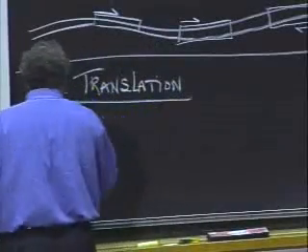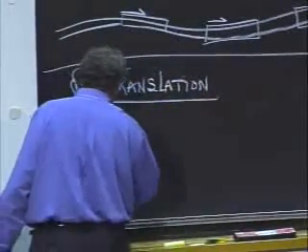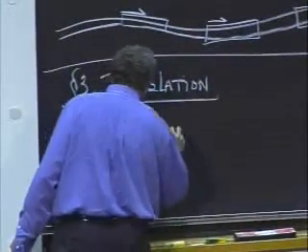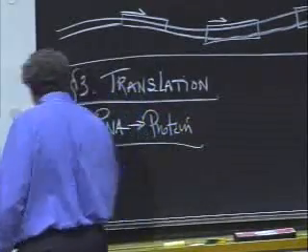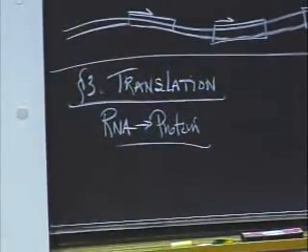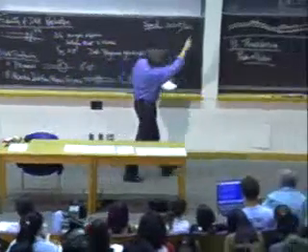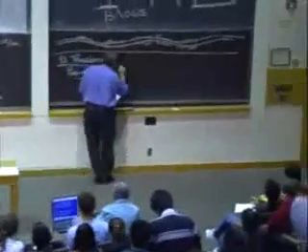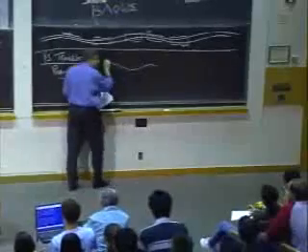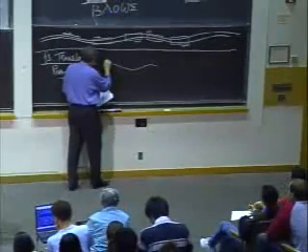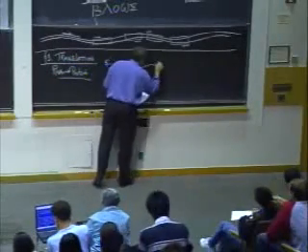So RNA goes to protein. If RNA goes to protein, we take our messenger RNA over there. This is an RNA, and what's the direction it's been copied? 5' to 3'.